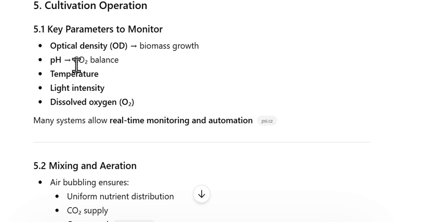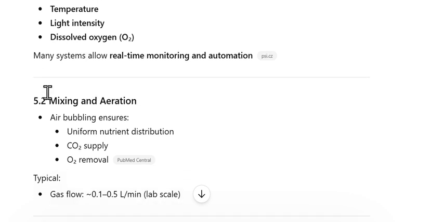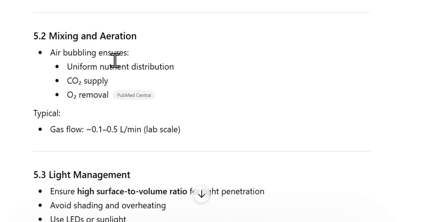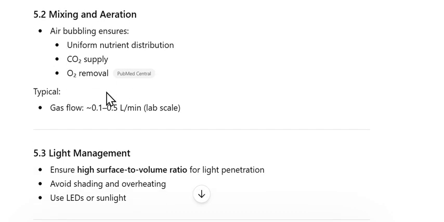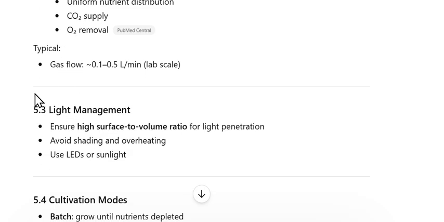Besides that, we look at carbon dioxide balance through the pH, temperature through the probes, light intensity, and dissolved oxygen through an oximeter. For real-time monitoring and automation, we can even use AI as well. For mixing and aeration, we supply air through bubbling, which provides uniform distribution of gases like carbon dioxide and oxygen.